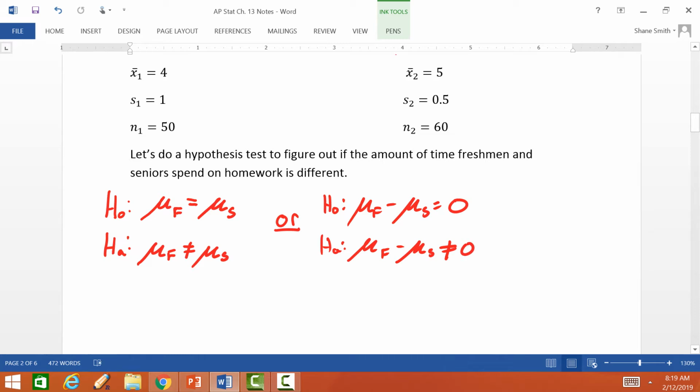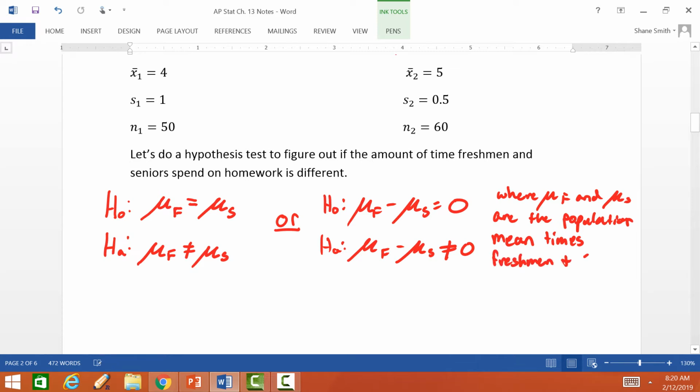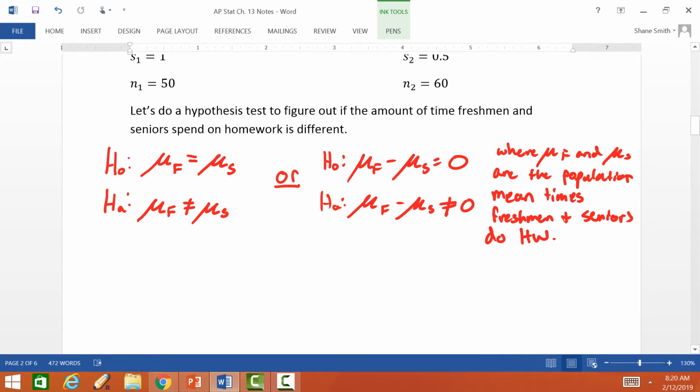And as always, we say where mu sub F and mu sub S are the population mean times freshmen and seniors do homework. All right. So that's one point there. That is the null and alternative hypothesis.